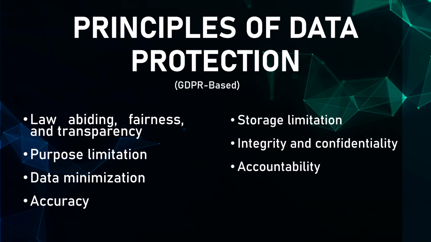And then there is the principle of accuracy, and this is to ensure that the information or data about an individual that is collected, stored, processed, and used is accurate, so that you don't have conflicting information.